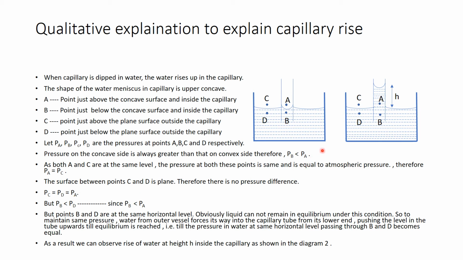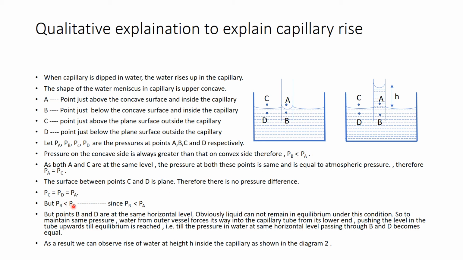Now consider this equation again. PB is smaller than PA. Therefore, I can now write PB is smaller than PD, right? Because PC is equal to PD equal to PA, I can replace PA in this term by PD.